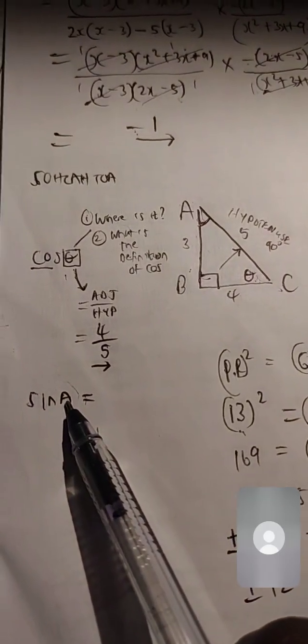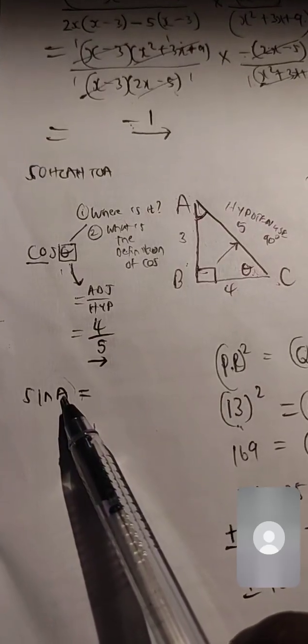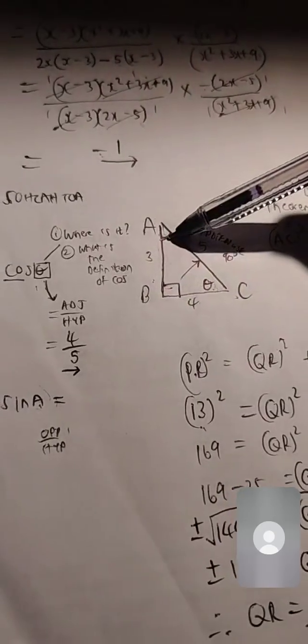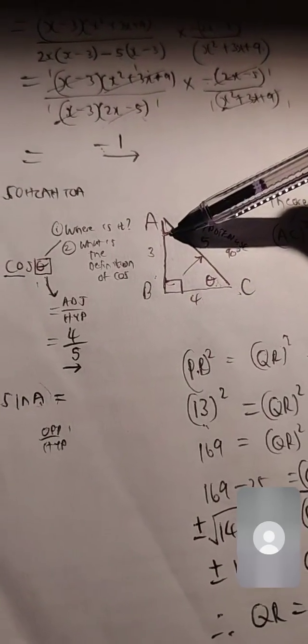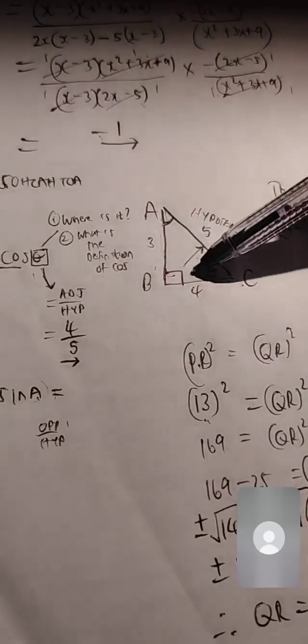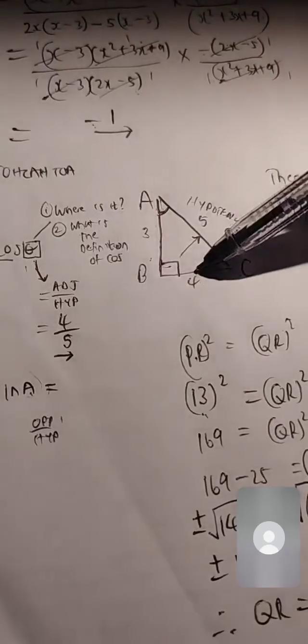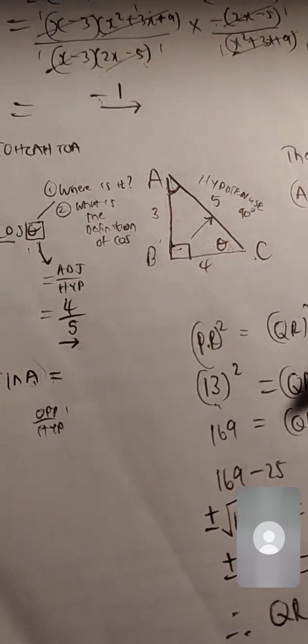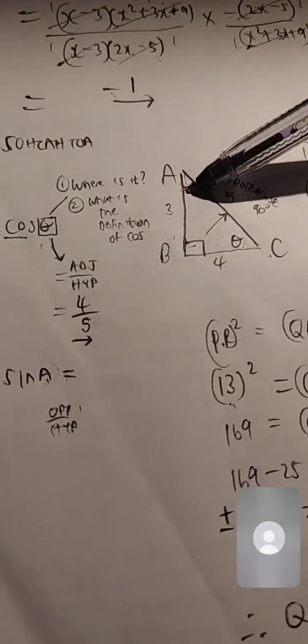Opposite side to A. There is A. What side is opposite to A? C. What is the side opposite A? Have you answered? What side is opposite to angle A? C, sir. I can't hear you.